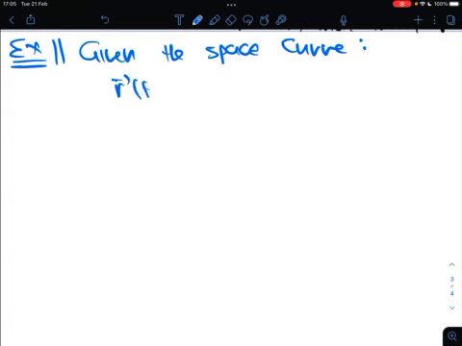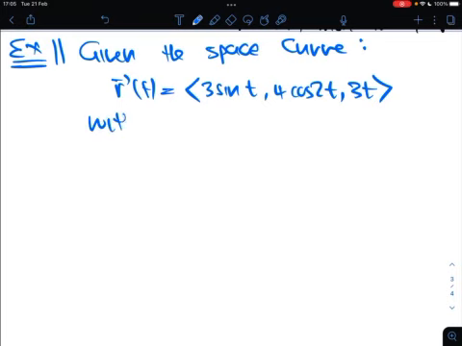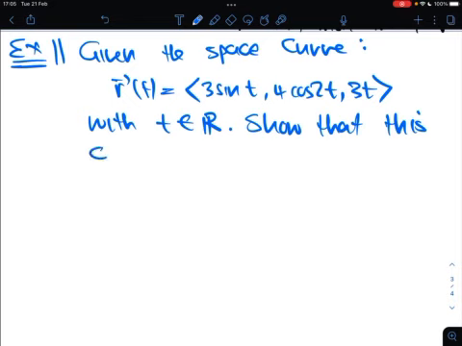They will say, given the space curve r of t equals 3 sine t, 4 cos 2t, 3t, with t an element of real numbers, show that this curve is regular.